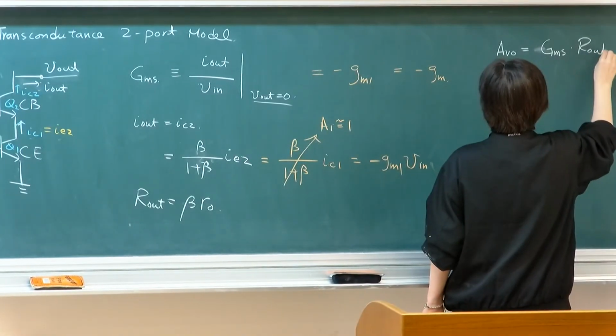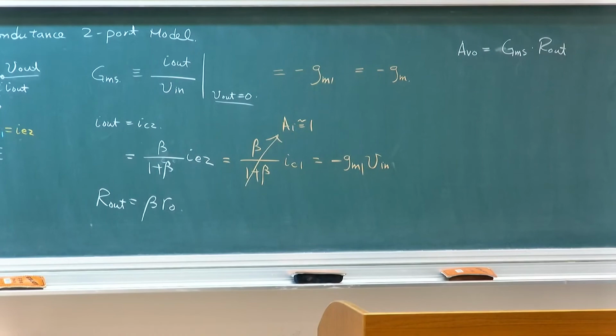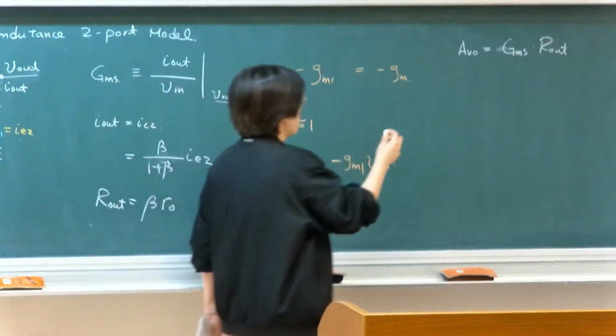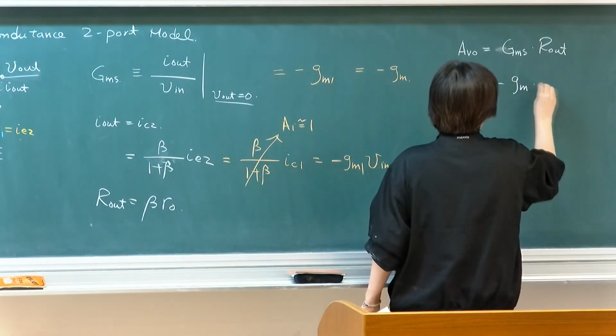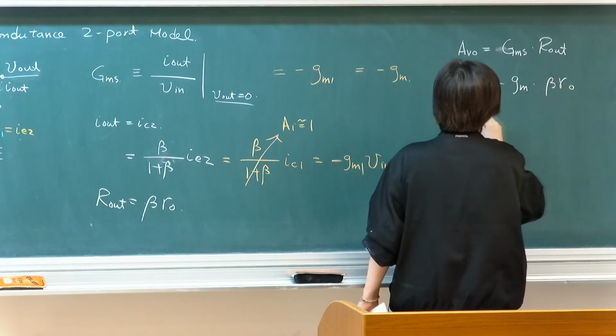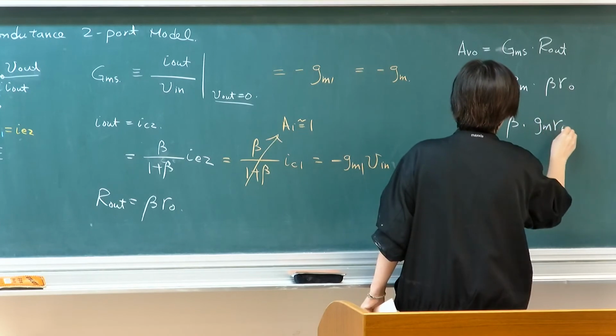This is just a Norton-Thevenin equivalent. Therefore, your voltage gain is the transconductance times the output resistance. This gives me minus GM times beta RL, so your overall gain will still be the same, beta GM RL.